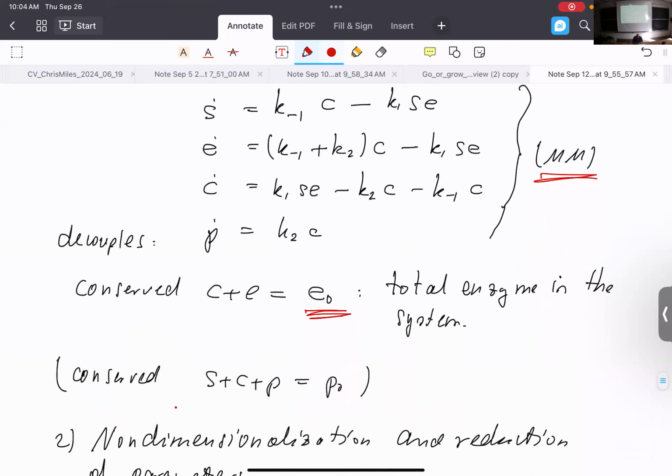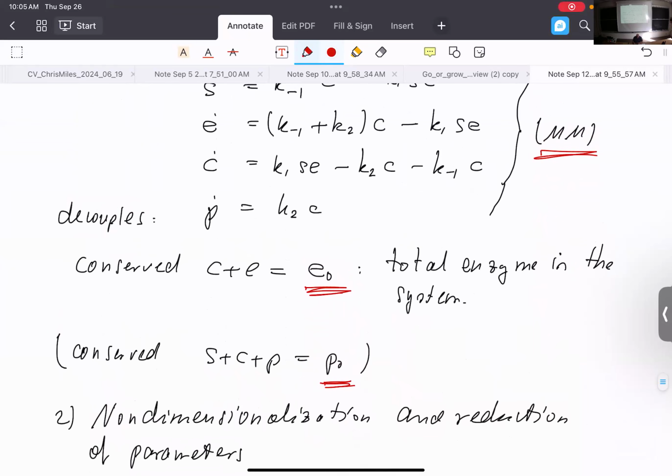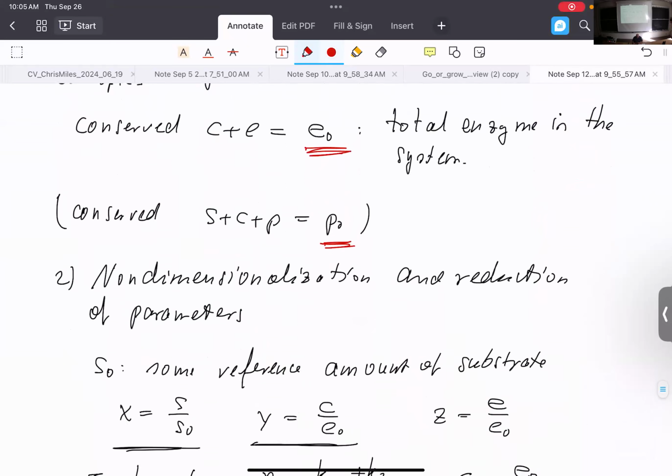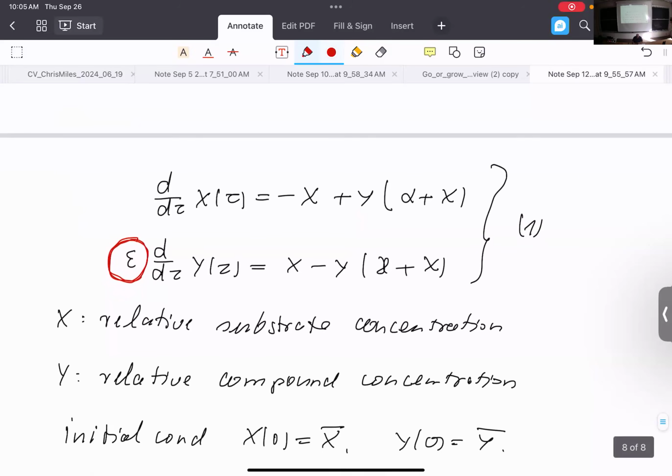We had another conserved quantity, which was S plus C plus P, which is not an important number, but it is still conserved. So there we go. And so using this constant E0 and the fact that the P equation decouples, we could then reduce the entire thing to 2 equations. And so this is all from last lecture.